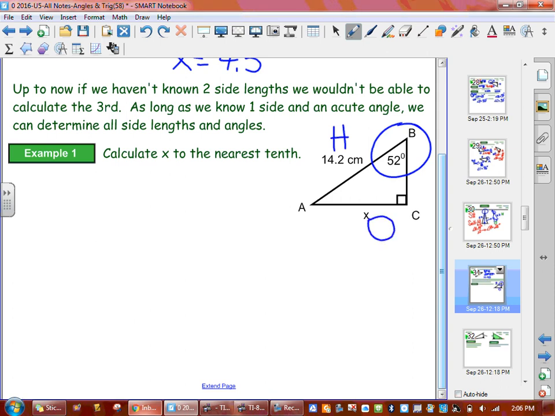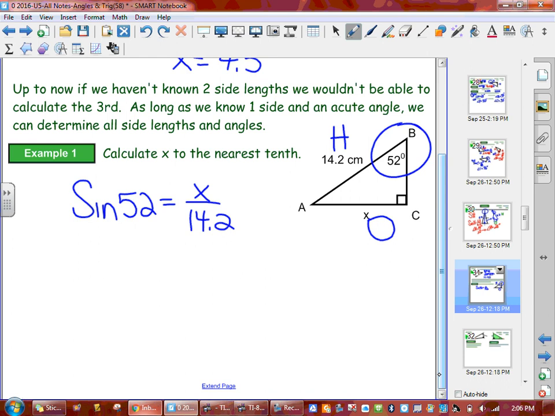As we discussed, whenever x is on top, we take the number off the bottom, pull it out front, and multiply it. In our calculators, you have to always remember that the number on the bottom is being multiplied to sine 52 in this case. So we're going to get x equal to 11.2 centimeters. Again, it should be less than 14.2 because we found a shorter side.